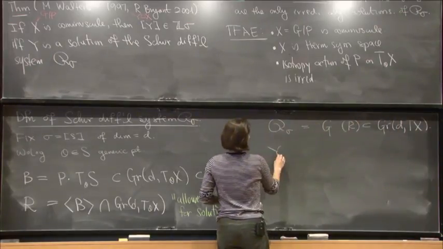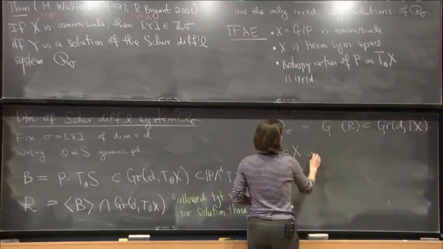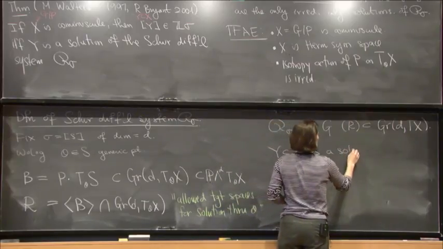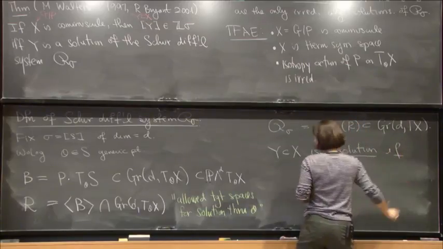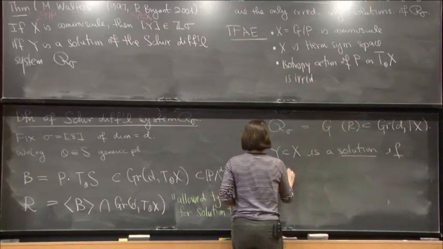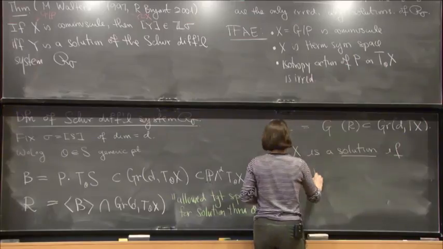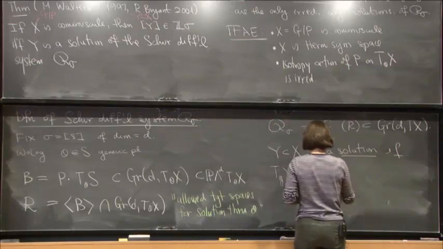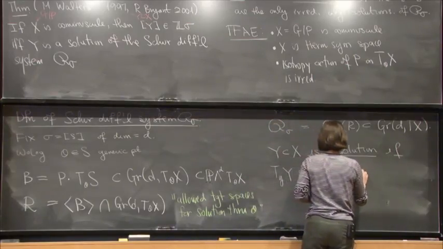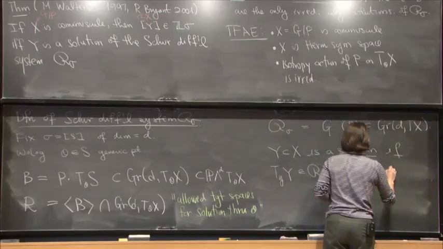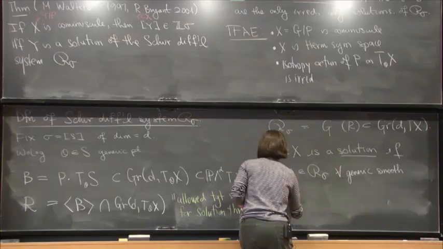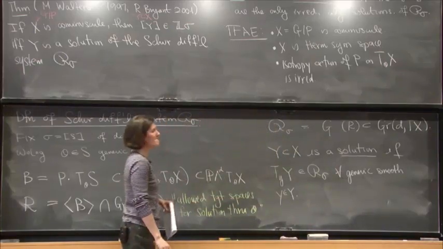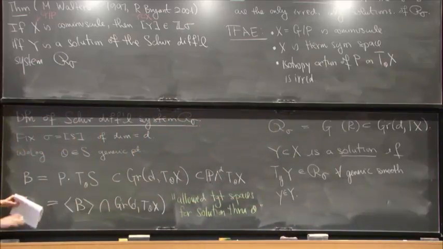Then we say that a variety Y contained in X is a solution if the tangent space is contained in this subbundle for all generic smooth Y. So you're assuming that Y is already algebraic? Yes, I'm really only interested in algebraic solutions.